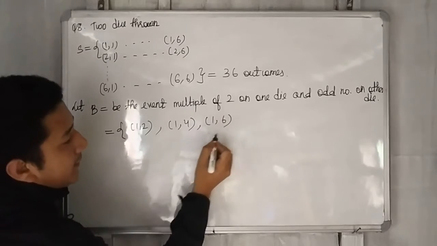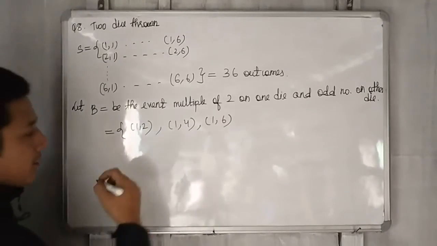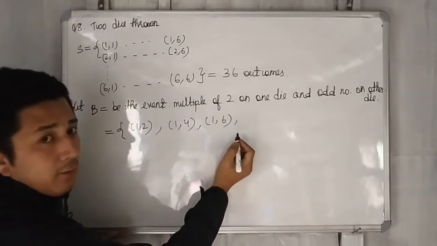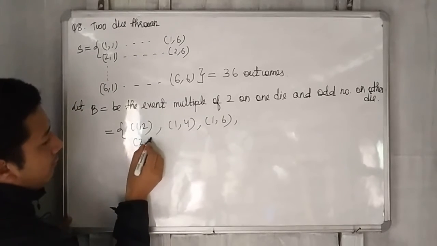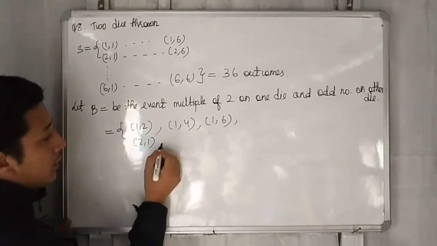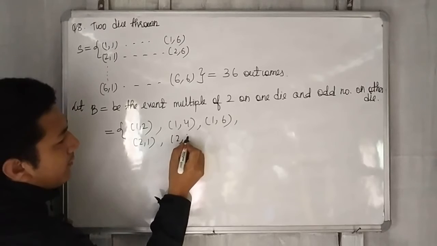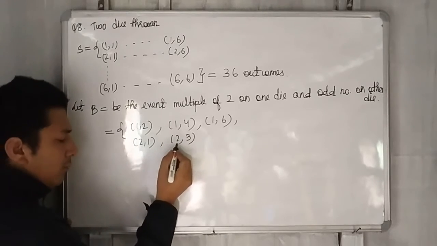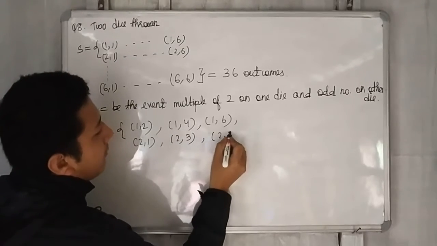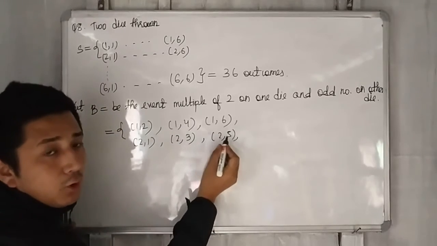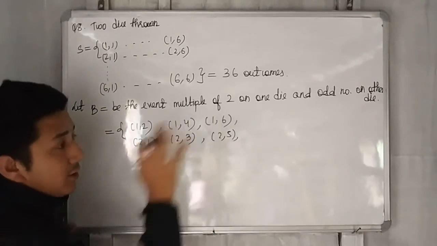Similarly, 1, 6. Okay, boys? Let's move ahead. So what about 2, 1? Multiple of 2 in one, odd in other. And then there will be 2, 3. Multiple of 2, odd in other. 2, 5. Multiple of 2, odd in the other die. So these are all the chances.